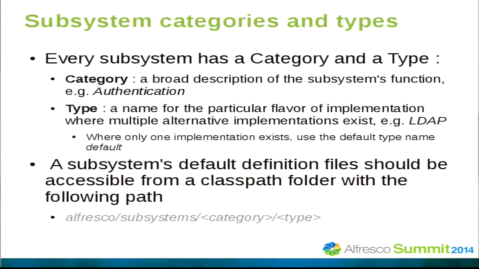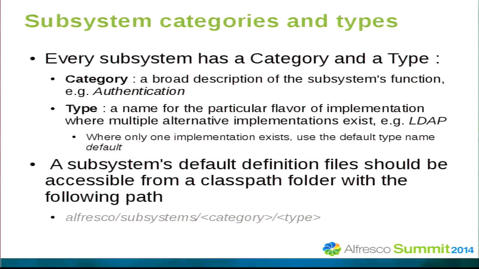We decided to label the subsystems basically with two supplementary information. One is the category and one is the type. That means that you can further refine your packaging by saying, okay, that specific subsystem is going to be mapped or tagged in the authentication area.